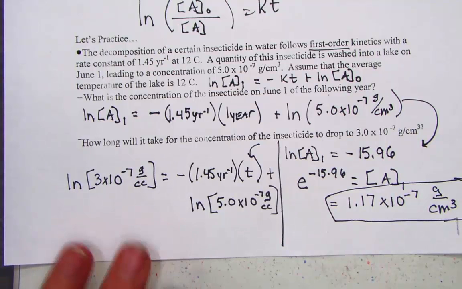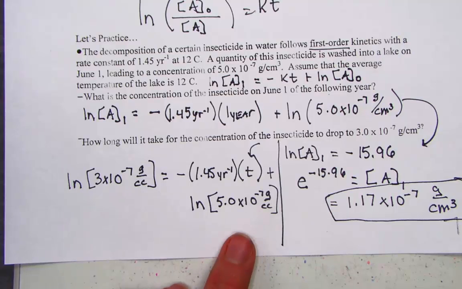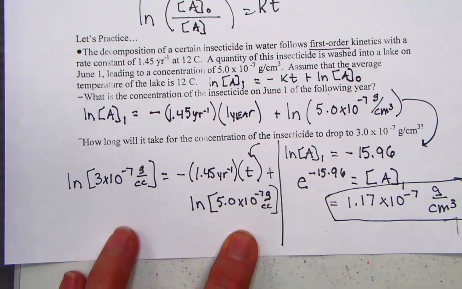Simplifying, I would start simply by hitting the natural log of 3e negative 7 minus the natural log of 5e negative 7. When I hit equal, I'm at 2.67. Now I'll divide by negative 1.45.